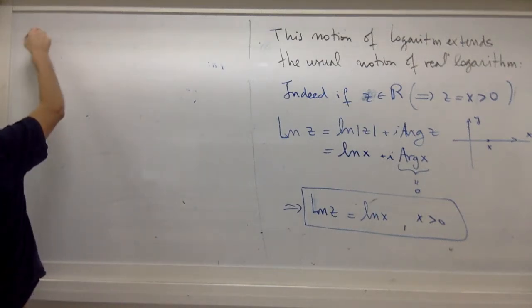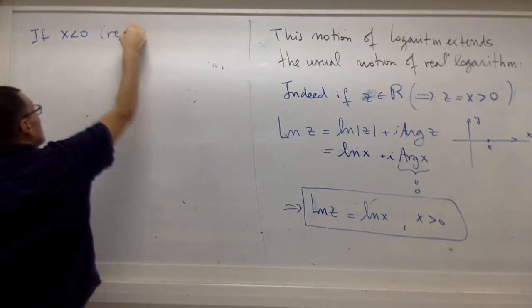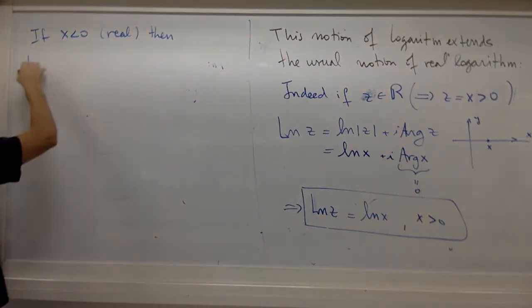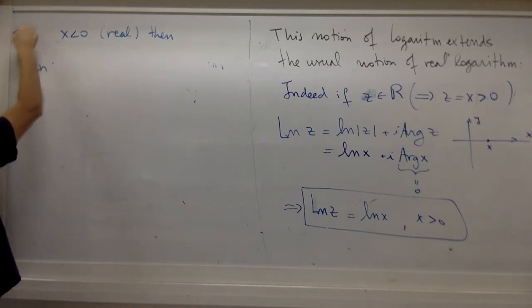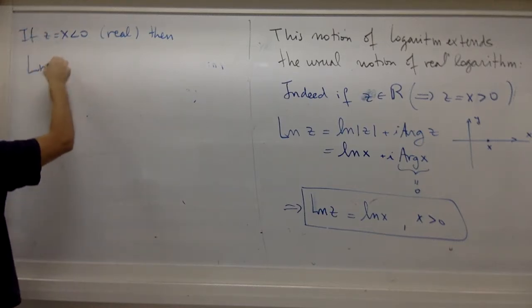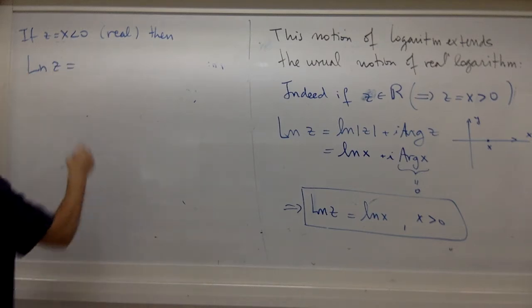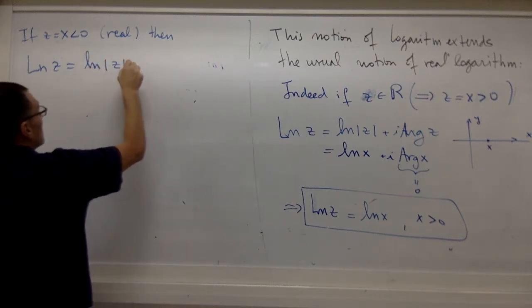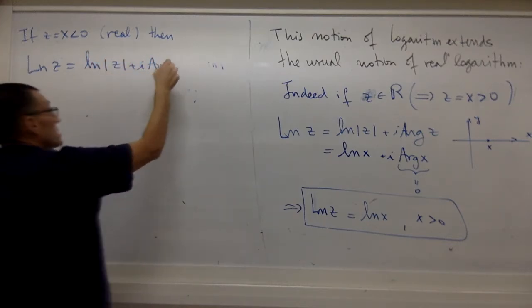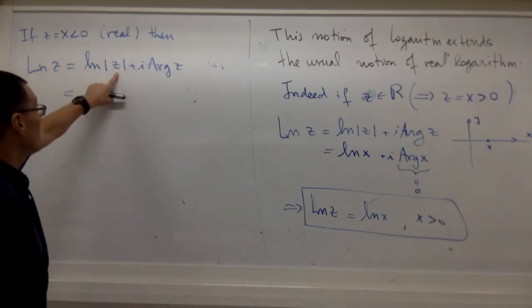So now, if x is negative, so real negative, then capital Ln of, let's say, z equal x, so this is the principal value of the logarithm of z, is the logarithm of absolute value z plus i times capital argument of z. By definition, what is the logarithm of the absolute value of z?